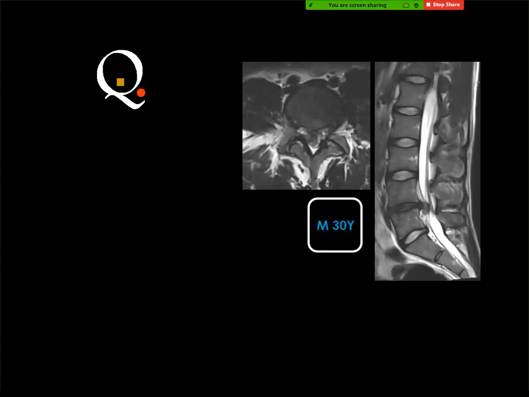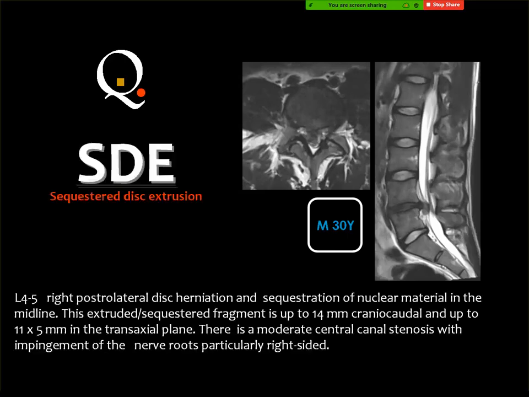Granulation or caudal migration? And this is a sequestrated disk. Actually, there are new suggestions that if you see an appearance like this, you should consider that this is also a disk fragment, not granulation tissue.